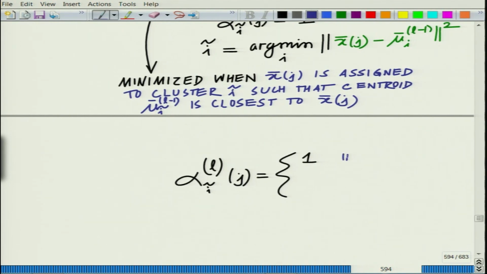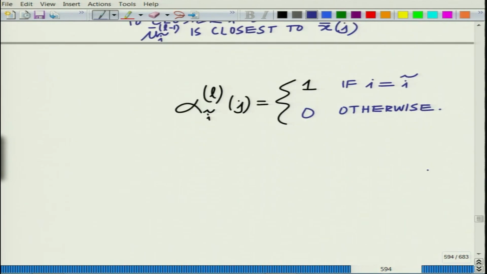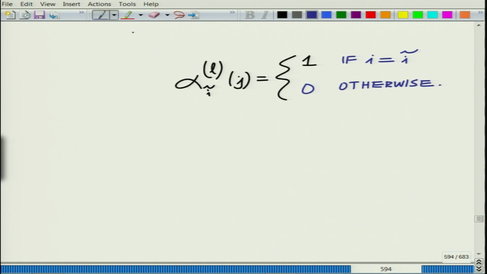is one if I equals I tilde, zero otherwise. Okay.